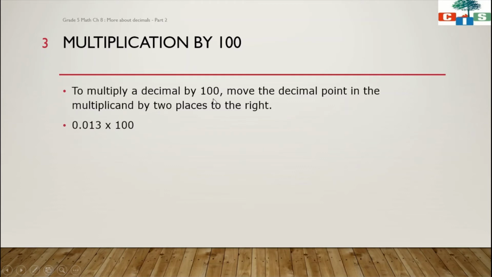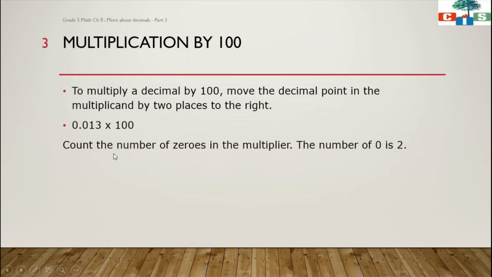You have to move the decimal point to the right of the multiplicand. So here we have an example from our question number 3 of exercise 8.1: 0.013 multiplied by 100. Our first task is to count the number of zeros in the multiplier. 0.013 is the multiplicand and 100 is the multiplier. The number of zeros here is 2. Now the next step is to move the decimal point by 2 places to the right of the multiplicand.